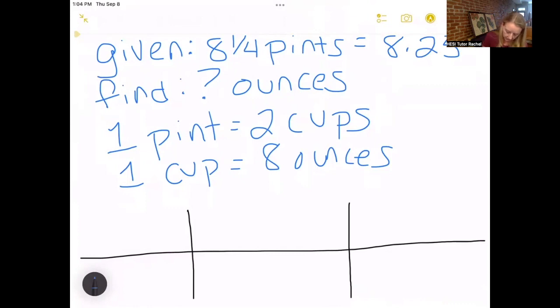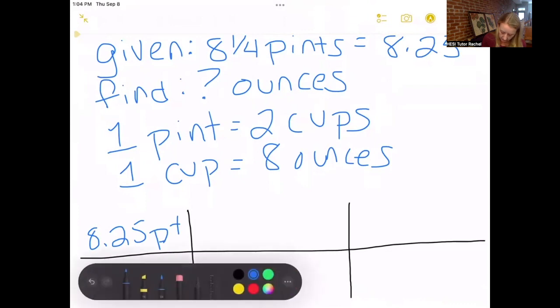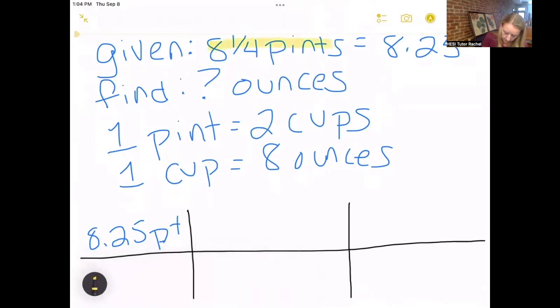And it's still pints, so 8.25, and I'm going to abbreviate that PT, which is an abbreviation for pint, to take up less space. Okay, so now whatever has pints in it, in this case we have, that's our given. I'm going to highlight that in yellow. Those are all the same.